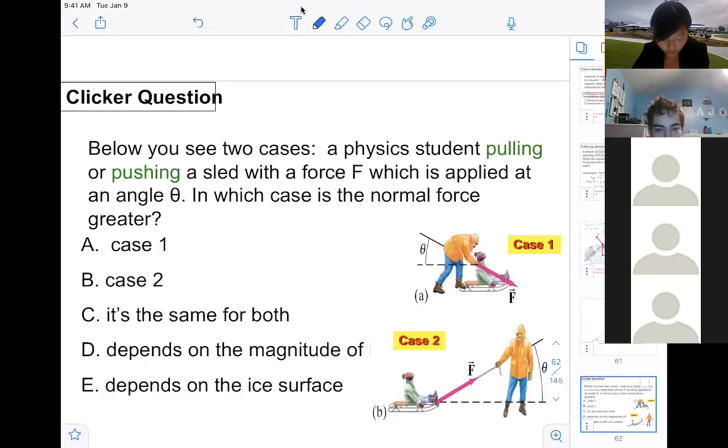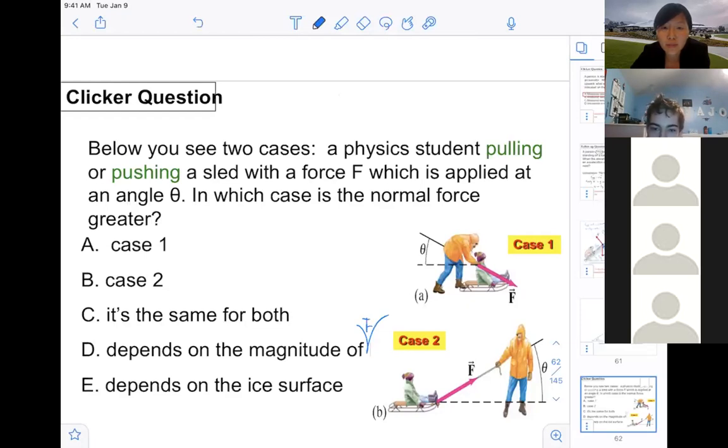Yeah, this is somehow covered by the picture. Depends on the magnitude of F. I think in case 1 it would be bigger because case 2 has an upwards component. So wouldn't that make the normal force maybe smaller, because gravity's downward force is still the same?